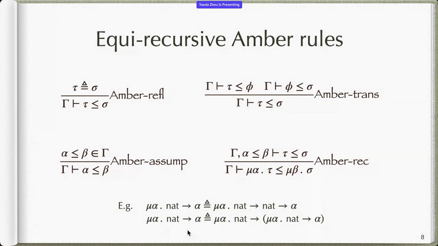And there are also some other equality relations that will hold in the sense that they are equal when unrolling to the limit. So here, for example, mu alpha. net to alpha is equal to mu alpha. net to alpha. So we skip the detail about this equality relation here and move on to the iso-recursive subtyping in our paper.